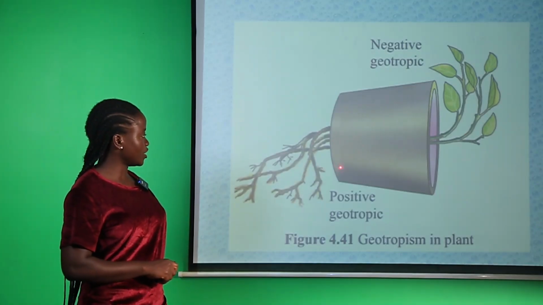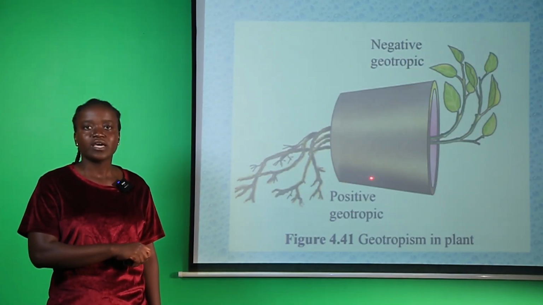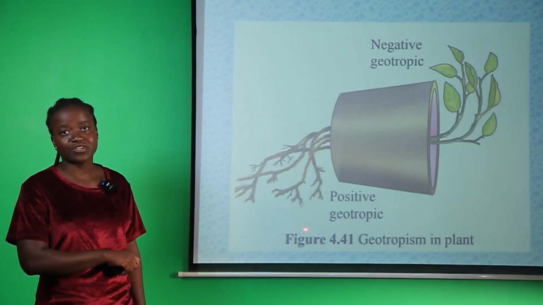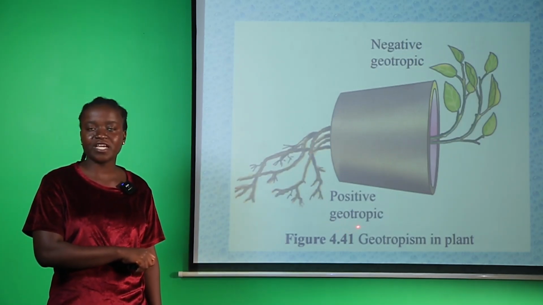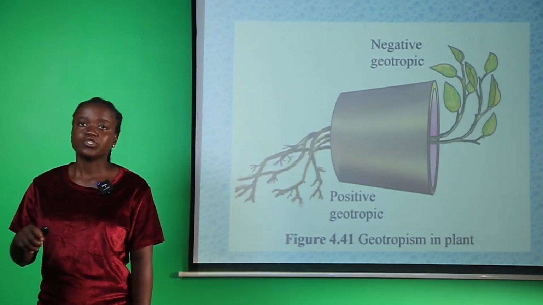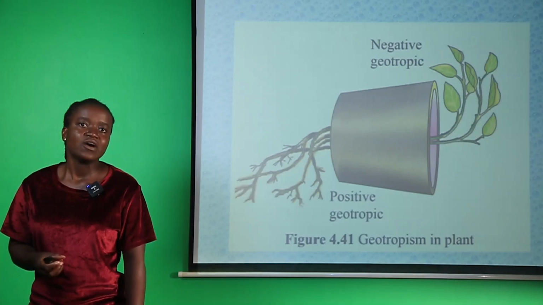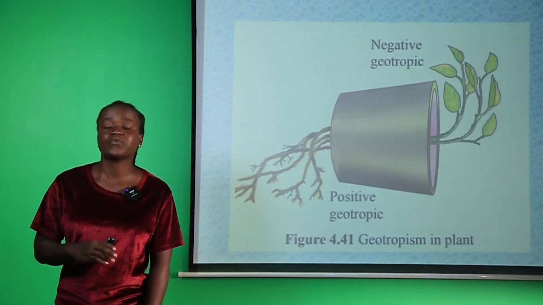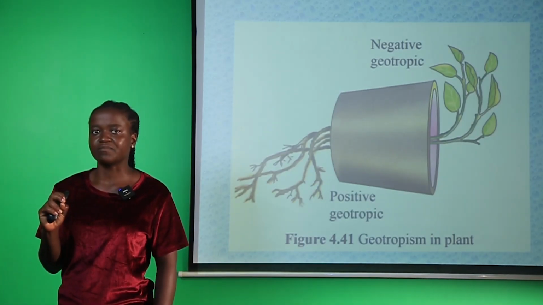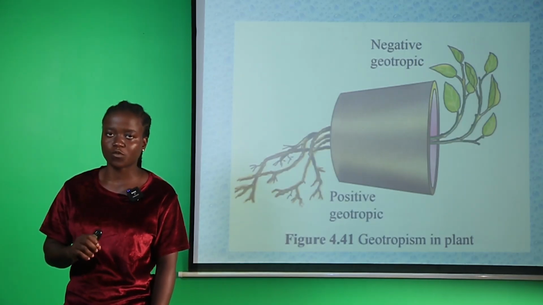But when you look at the positive geotropism exhibited by the roots, they tend to grow downward, whereby there is a gravitational pull, and that brings about the geotropism. So when we are talking about geotropism, we are talking about two kinds: negative geotropism and positive geotropism.